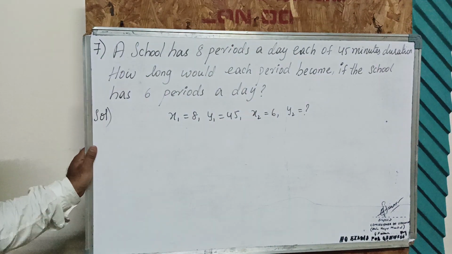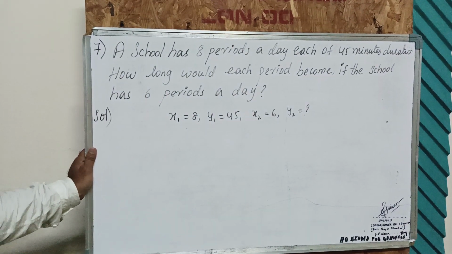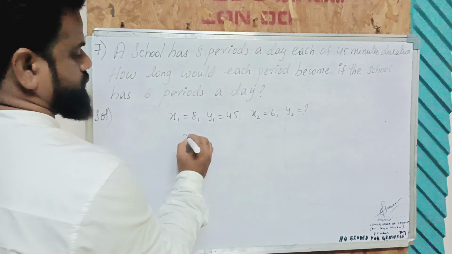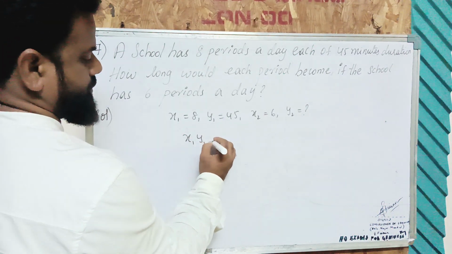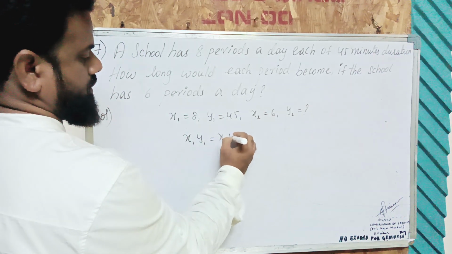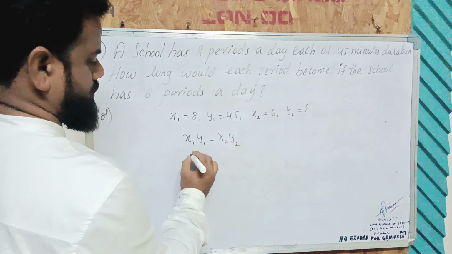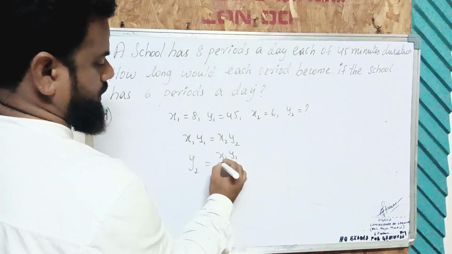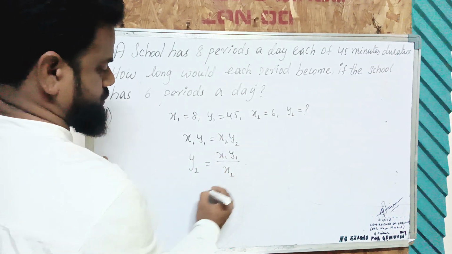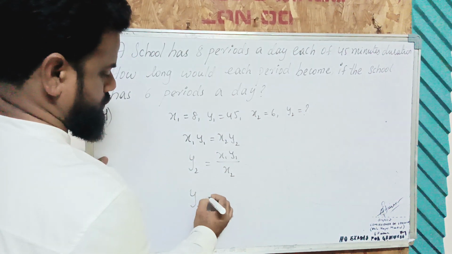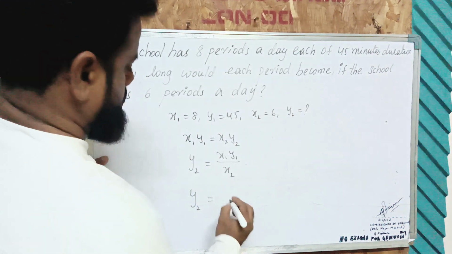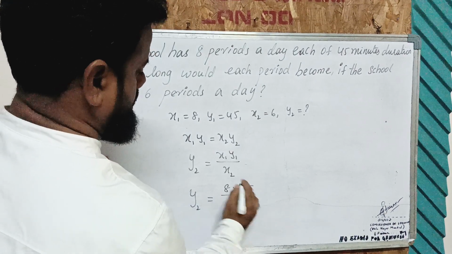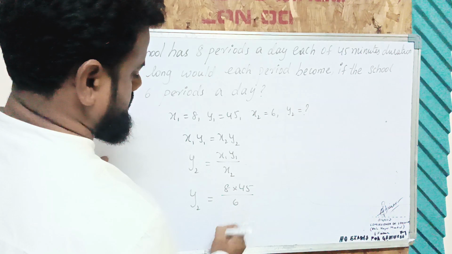That is the number of minutes each period will take. So same thing, inverse proportion: x1 y1 equal to x2 y2. So y2 is equal to x1 y1 by x2, that is 8 into 45 divided by 6.